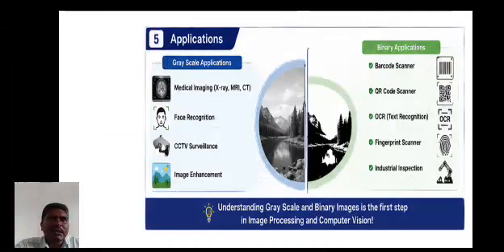Fingerprint scanners and industrial inspection systems also use binary images because they make object detection faster and more accurate. So these applications show why both image formats are important in computer vision.